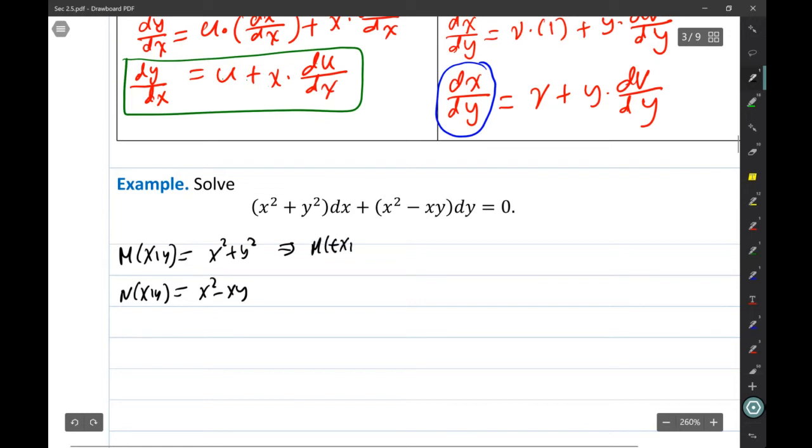Now M of tx, ty equals t square x square plus t square y square, which is t square times x square plus y square, which is t square times M of xy.